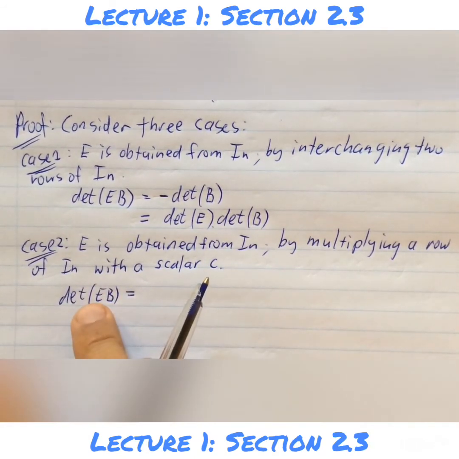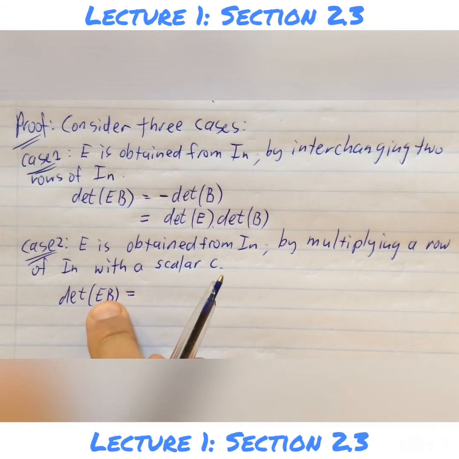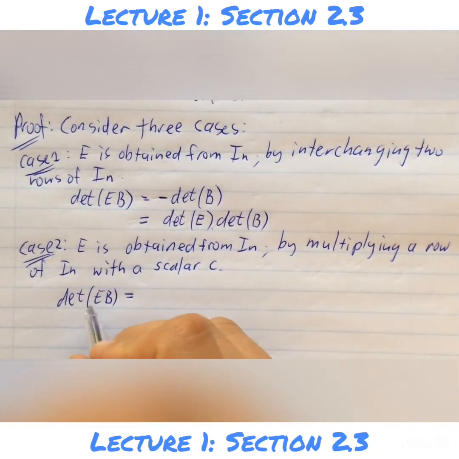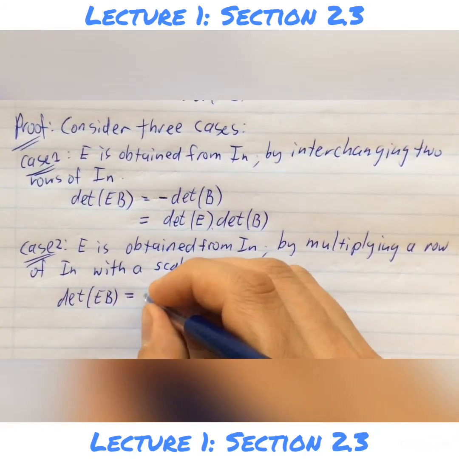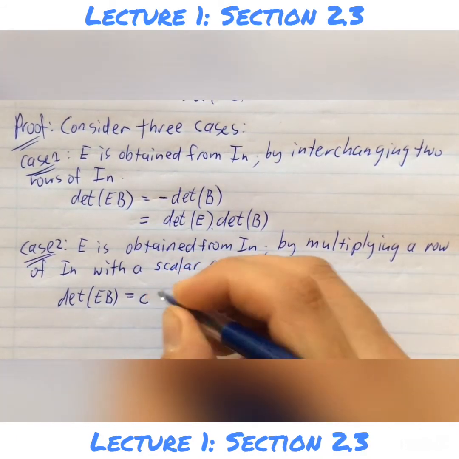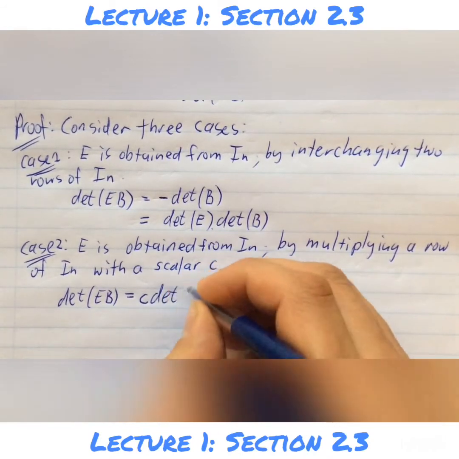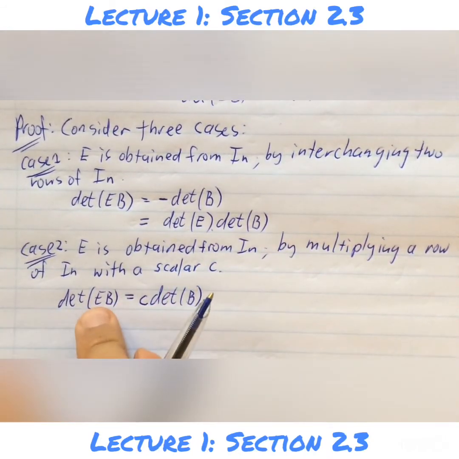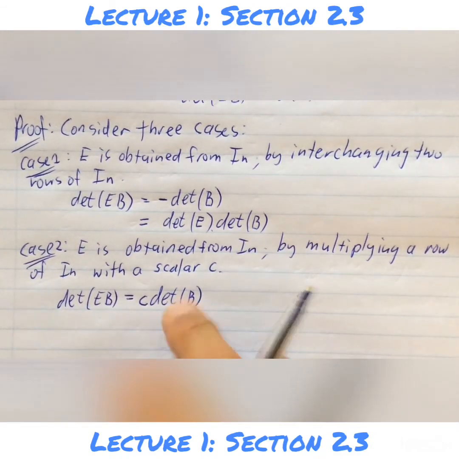Whatever you did to get E, you do to B. So you multiply a row of B with a scalar C. Now there's a law that states that the determinant of a matrix you get by multiplying a row by a scalar C is C times the determinant of the old matrix, which in this case is B, because EB is the new matrix and B is the old matrix.